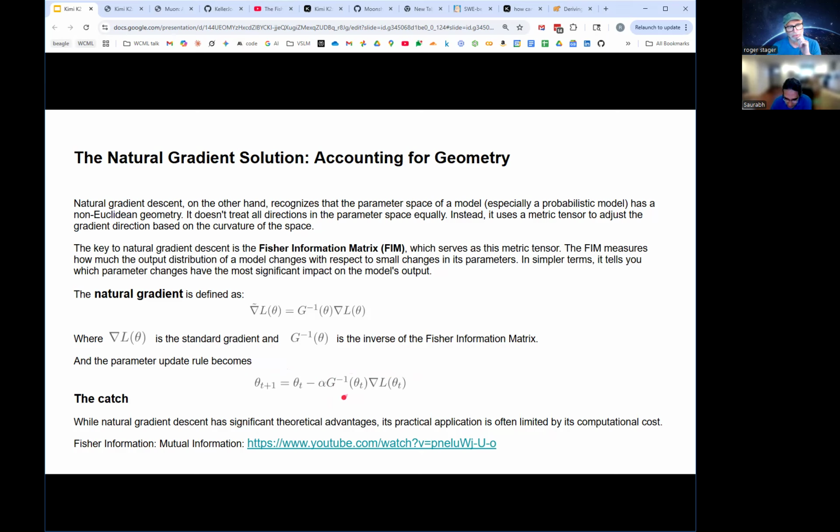But that never really caught on, it seems like. And Adam was close enough. So this is a nice theoretical approach, but doesn't really work. There's a nice video if anybody's interested.